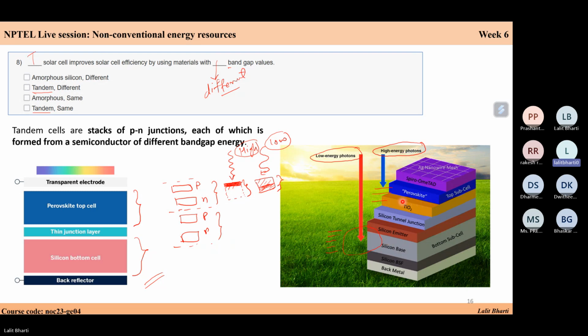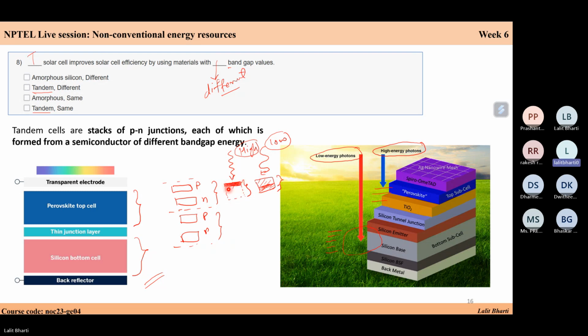So the upper part will be absorbing the high energy photons and the lower part will be absorbing the lower energy photons. By that, from higher to lower energy photons, we can absorb the whole spectrum. So this is the structure, one PN junction here, one PN junction here. This also explains the same thing. The high energy radiation will be absorbed in this region, so it will not penetrate.